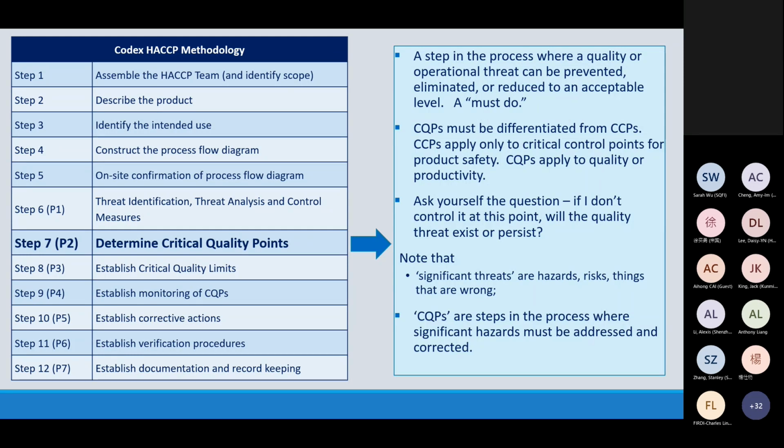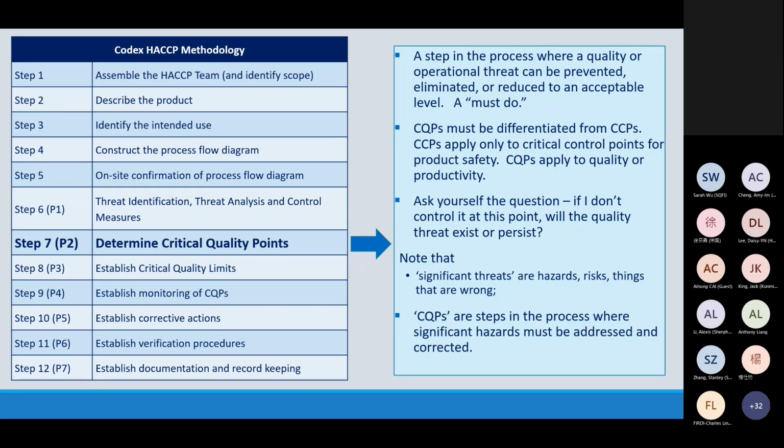At what temperature, time is the product safe? And at what temperature, time does the product then become unpalatable because it's burning, it's going over the top? So they can be both CCPs and CQPs. So a CQP is a step in the process where if you don't control it at that point, the quality threat will continue or persist.